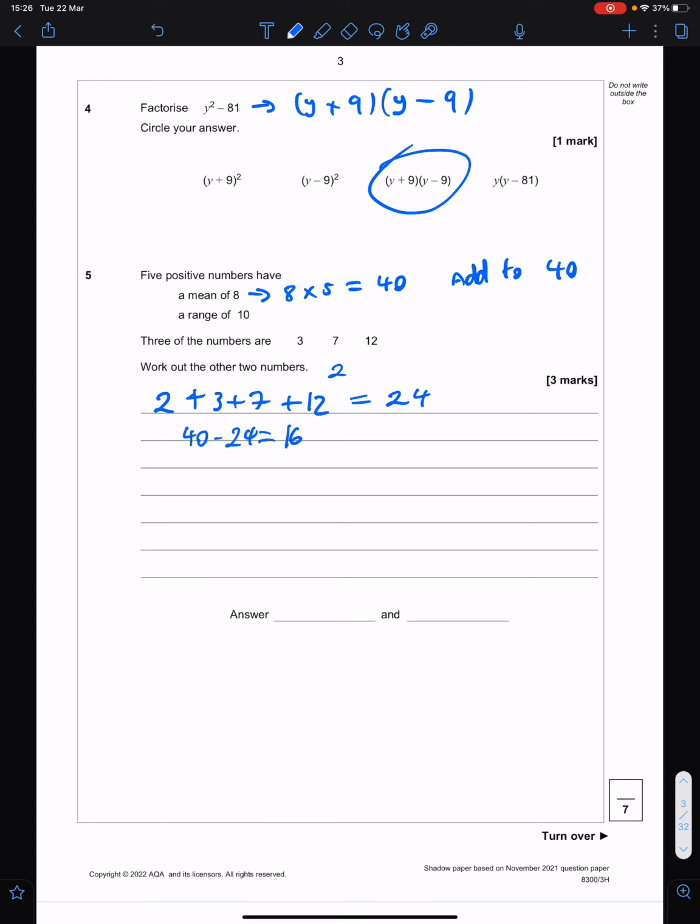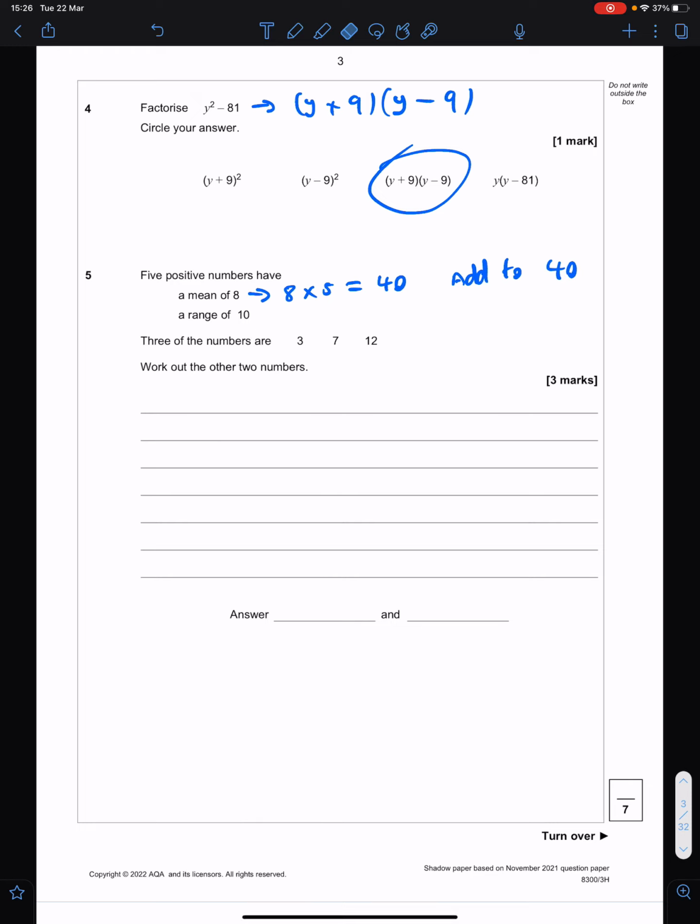So our last number would have to be 16. That's a problem, though, because if we decided that 12 was to be the biggest number, then we can't have 16 because that violates our rule. So we've got to rethink our strategy here. Let's go back.